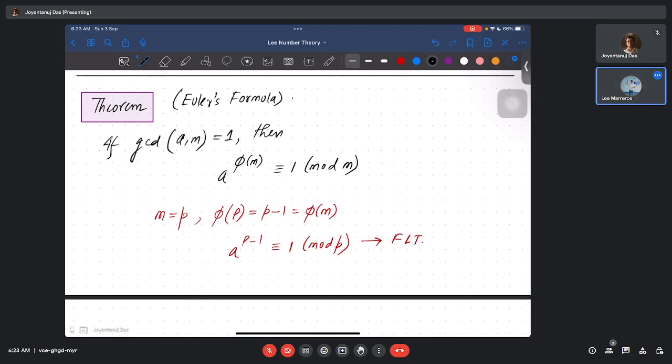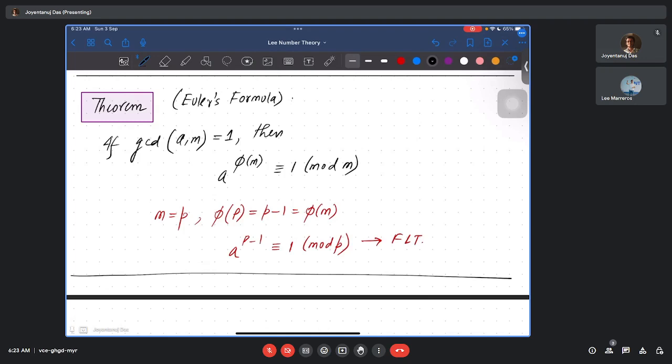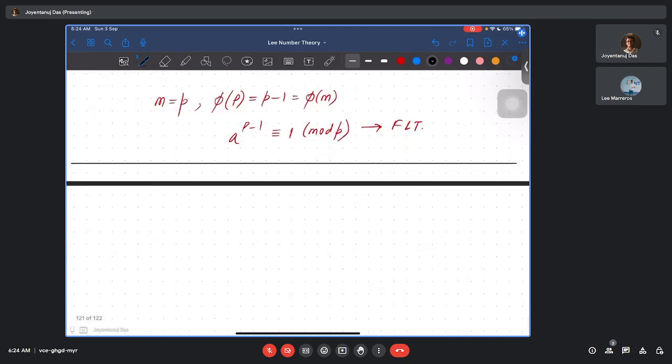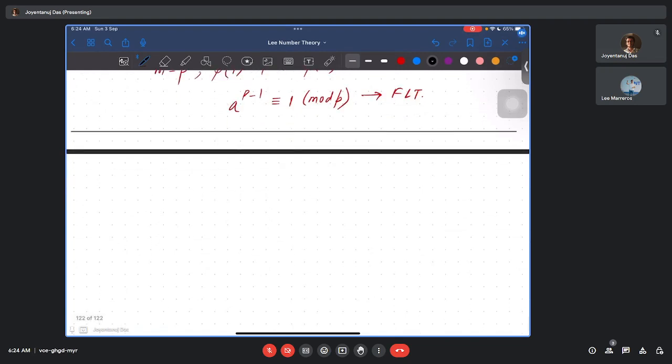Okay. So now let us see how to prove this one. Before that, we see a lemma. Since m is composite, we take the numbers that are relatively prime to m.